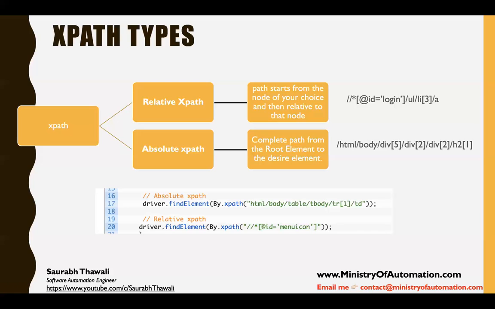But the correct answer for this is they are very fragile, because if anything happens in that path, if the developer introduces a new element, or if the developer does any restructuring of the HTML, then your XPath may break, right? Then they have a lot of stuff like, exactly.